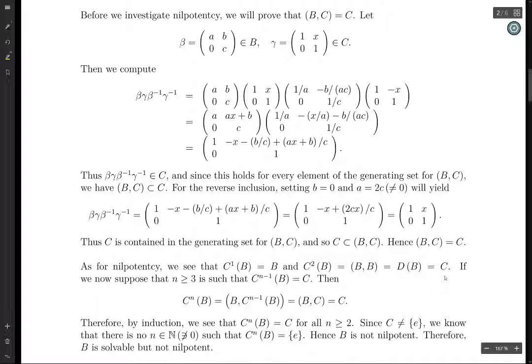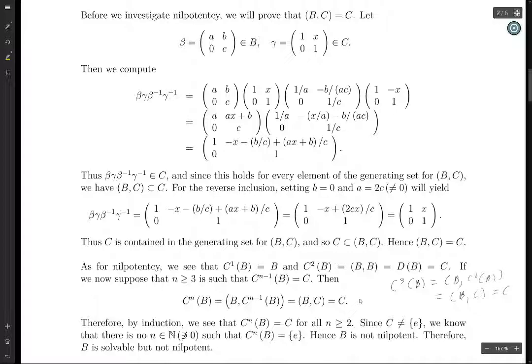After C, C3 of B is going to equal the commutator of B and C2 of B, which is the commutator of B and C, which is C. So C2 of B is C, C3 of B is C, and then you can just see that in general, if you have any n greater than or equal to 3 such that this holds, then basically this is just this calculation over here, but you replace the 3 with n, and 2 becomes n minus 1, and it's the same thing.